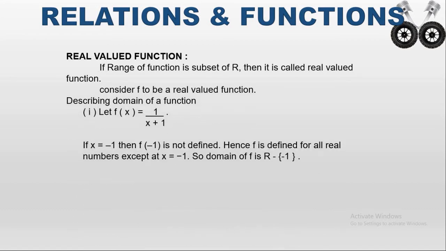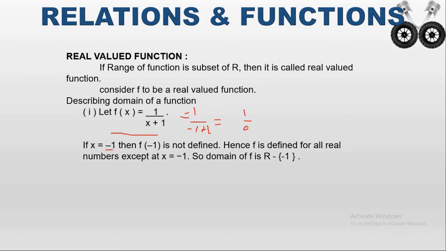Take an example. If I take f of x equal to 1 divided by x plus 1, and substitute, instead of x, the value minus 1, then f of minus 1 equals 1 divided by minus 1 plus 1. Minus 1 plus 1 becomes 0, so 1 divided by 0.